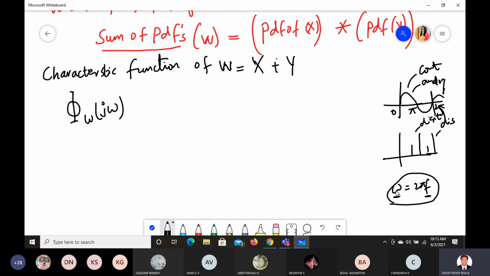To find this one, we need some basics. We have already seen phi X of j omega, which is equal to the expectation of e power j omega X. Now similarly, here we have X and Y, but in general we write it as W instead of X. So the expectation of e power j omega W. Here W is capital W, and this is your omega.